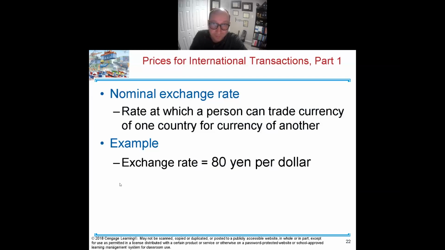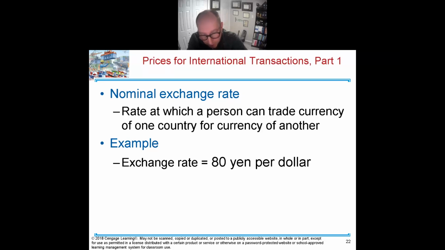International trade means there's going to be exchange rates, right? Because we're swapping one currency for another. The exchange rate is the rate at which a person can trade one currency for another, right? Very simply put, $1, I might be able to get 80 British cents.